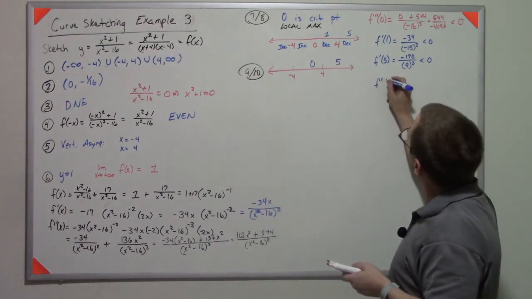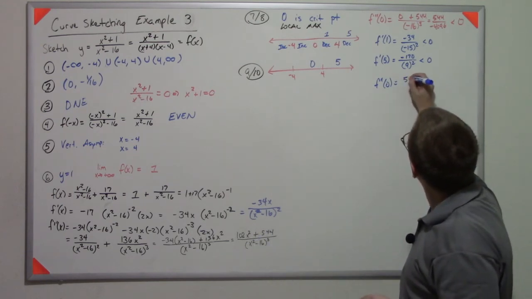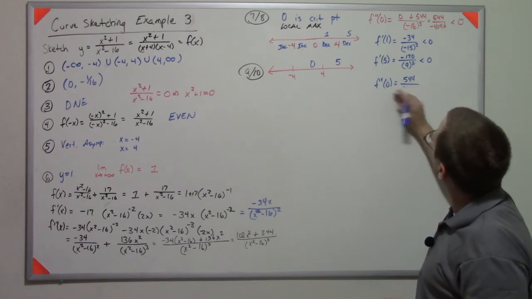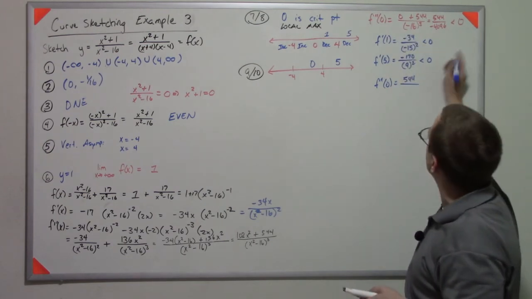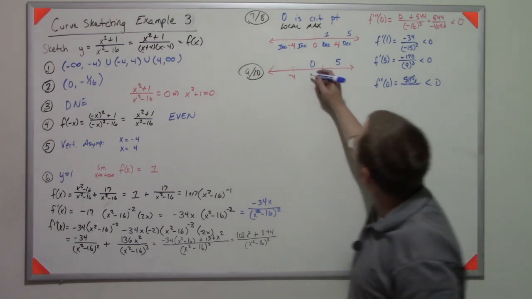So f double prime at 0 is 544 over, we already know what it is. We know it's less than 0, so we know that it's concave down.